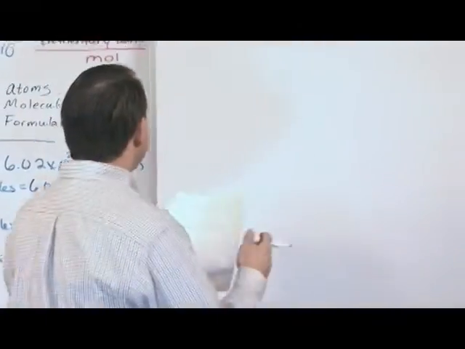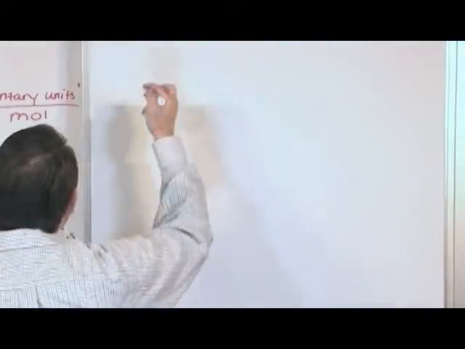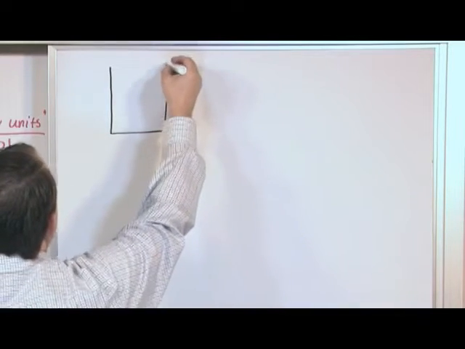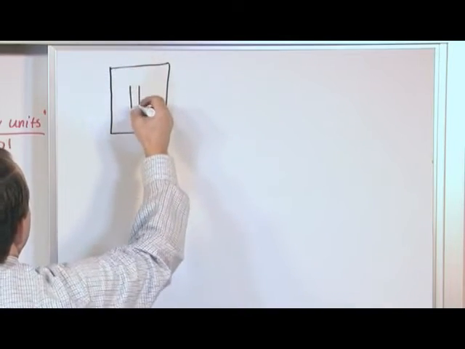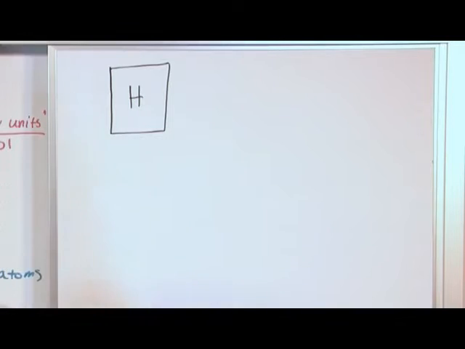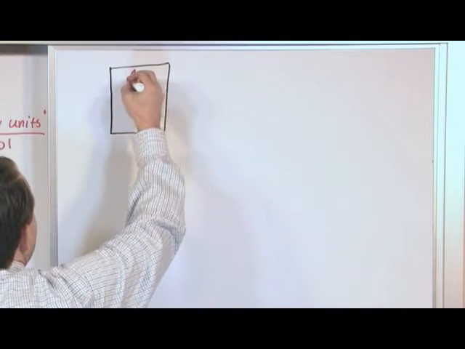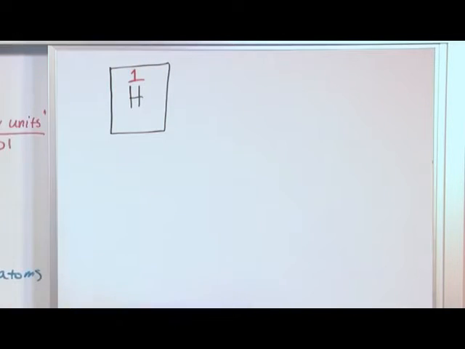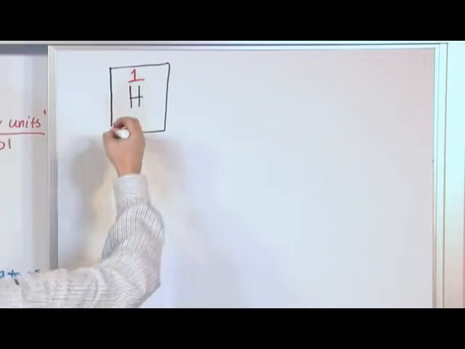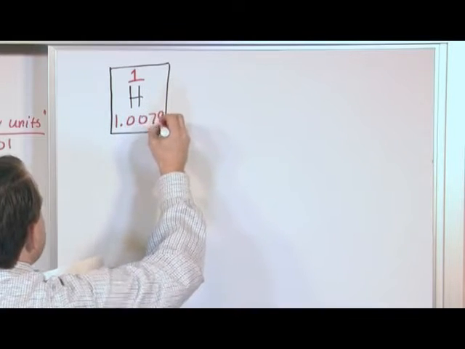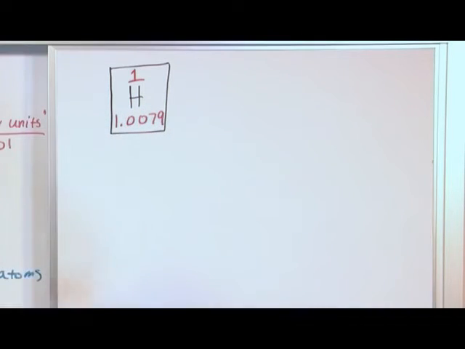If you look on the periodic table, I'm going to draw a crude diagram of our favorite element, hydrogen. There's a big H in the middle, and above it, usually, there's a 1, because the atomic number of hydrogen is 1. And somewhere below it, there's another number, 1.0079. Your periodic table may have fewer or more digits, but that's basically the atomic mass.